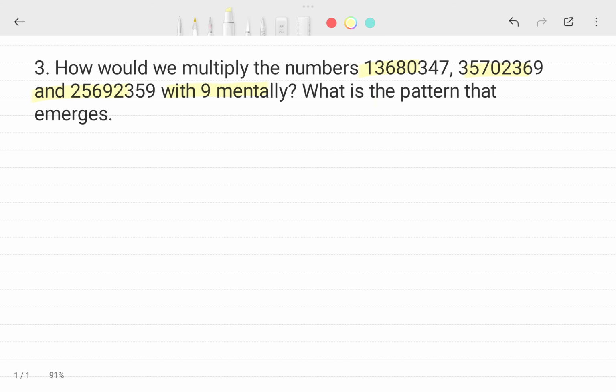So the question is, how would we multiply the numbers 13680347, 5702369 and 25692359 with 9 mentally? What is the pattern that emerges?